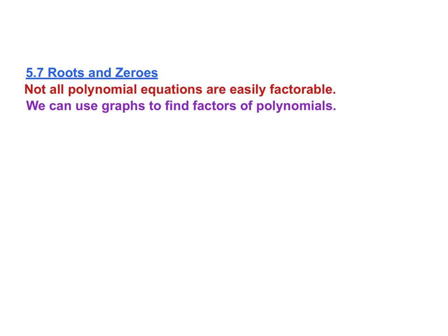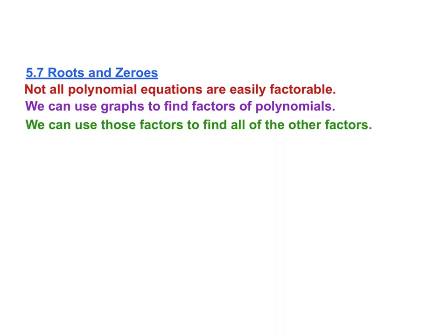Now, anytime you have a quadratic, you can look at the graph, but you don't have to. We have methods to solve quadratics. Whether it's factoring, completing the square, or the quadratic formula, you don't need a graph to solve a quadratic. But when you have degrees higher than 2, you're going to have to use something else.